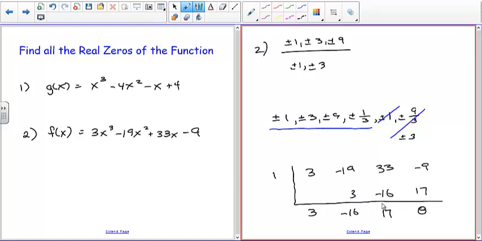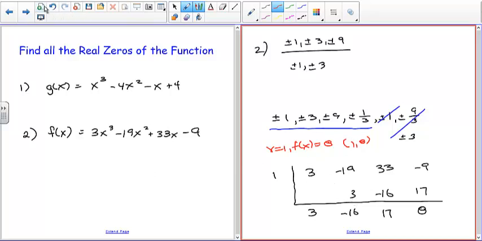So it's not 0, but we can possibly use that information later. When x equals 1, f of x equals 8. So this gives us the point (1, 8). It's not 0, but it gives me something to plot later on. If I want to plot this polynomial, I've already got a point.